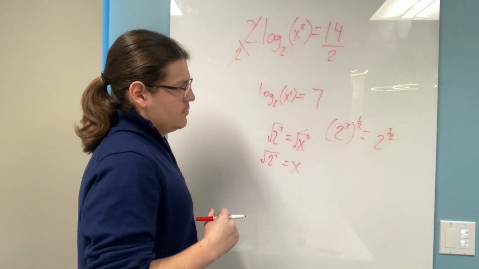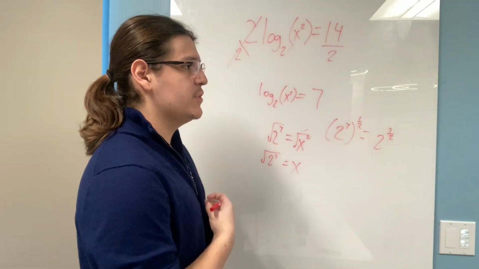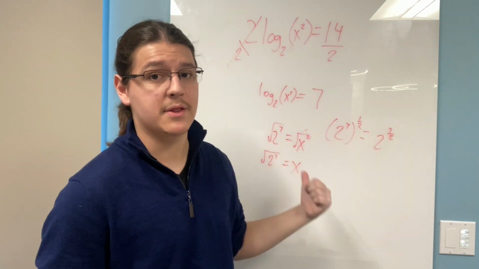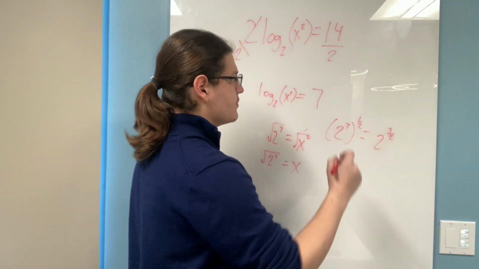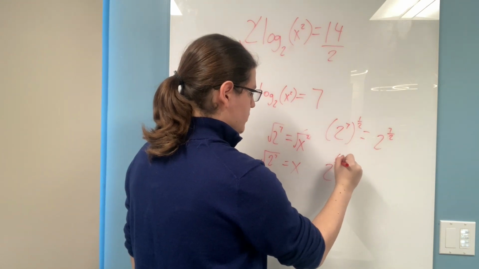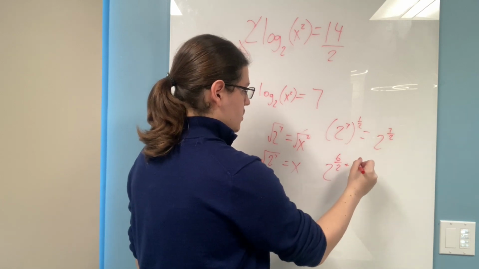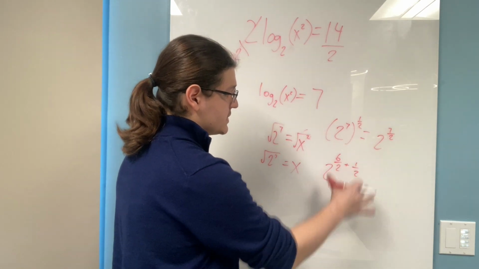What I'm going to do, I'm going to take a whole number out of this. Because if we take a whole number out of this, that means we can drag it out, and that's just being multiplied by the rational exponent. So 2 to the 7/2, that's the same as having 2 to the 6/2 plus 2 to the 1/2. Because when you have a common denominator here, so we can just add these.